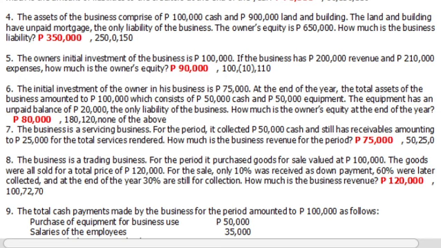How much is the business liability? So, sabi meron daw tayong cash na 100,000, meron tayong land and building worth 900,000. So, assets natin is 1 million. Question natin is, kano daw yung liability?